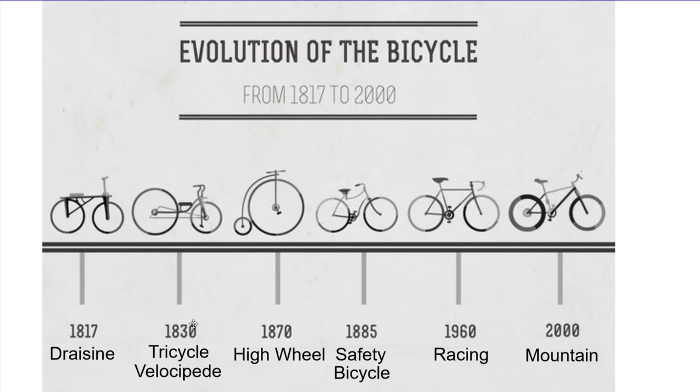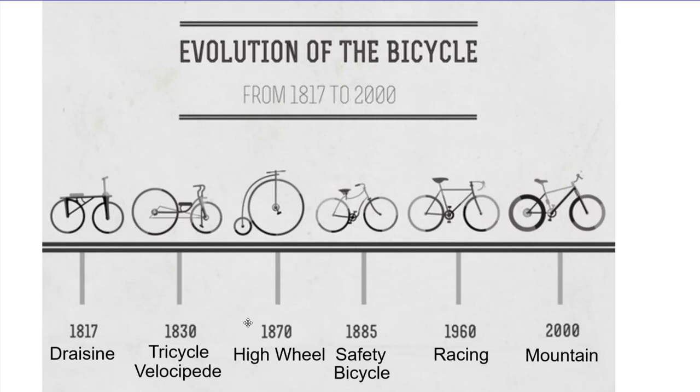Then we had the tricycle velocipede, a little ambitious with the word velocipede. But anyway, they attached levers to the back wheel and to the pedals, kind of like how a locomotive works. You would just step up and down, and that would push the levers forward and back, causing it to move forward.